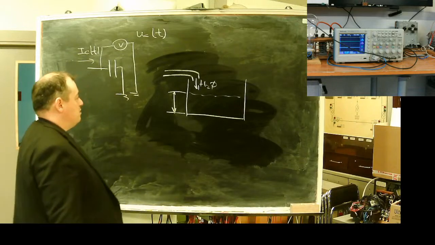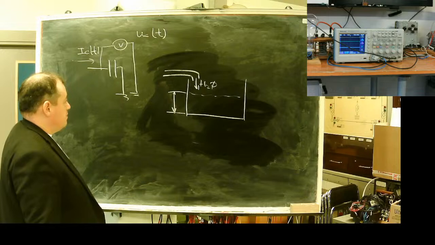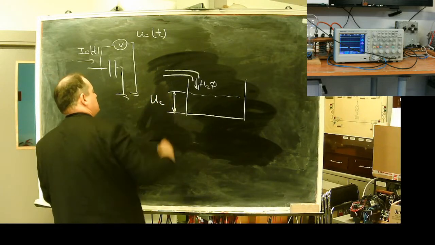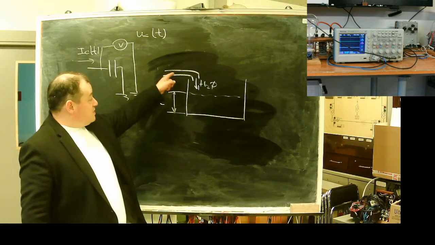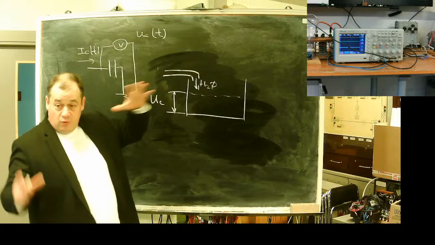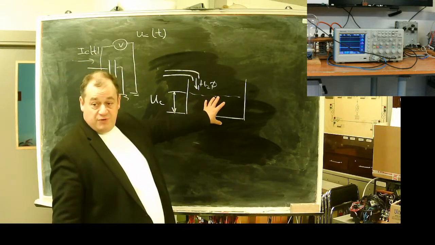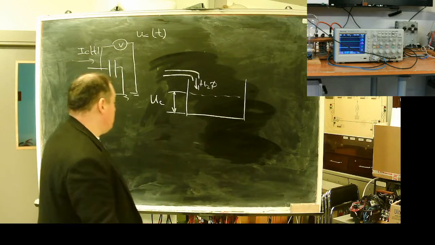The level of the water is some analogy of the condenser voltage. It will depend on all the water that flows in, but with different tanks we will see a different rise of level.